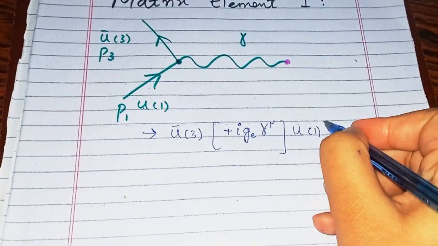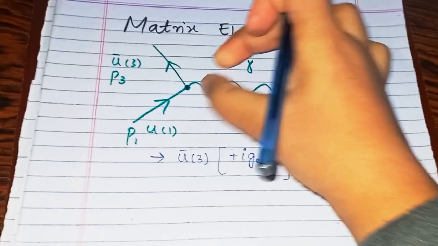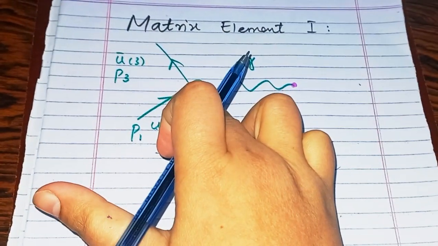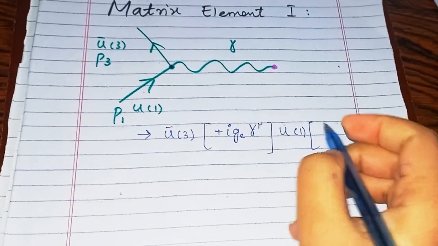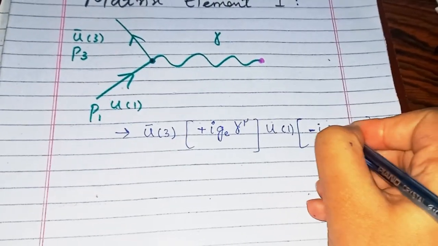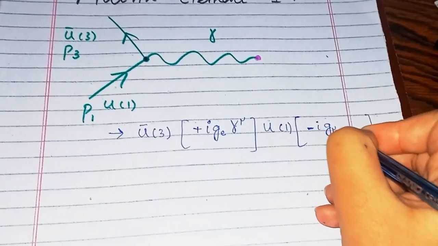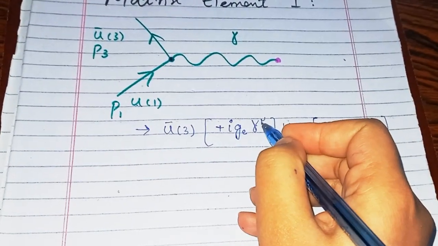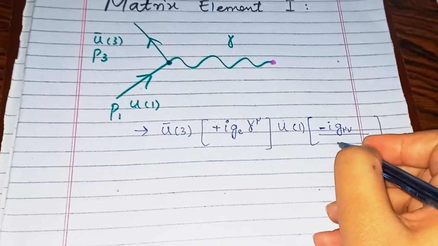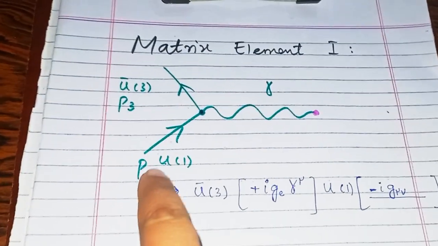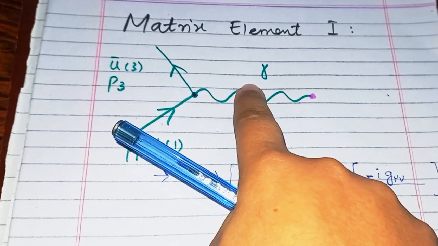Okay, and after that we'll have this propagator. We incorporated this half process, then we have this propagator that links this vertex with this vertex. So this linking factor is minus i g, with subscript mu nu. Here we have the mu as superscript, here we have mu nu in the subscript, keep that in mind. And then we have q squared. Q squared is actually the difference in momentum that happened between the particles due to the emission of the photon.